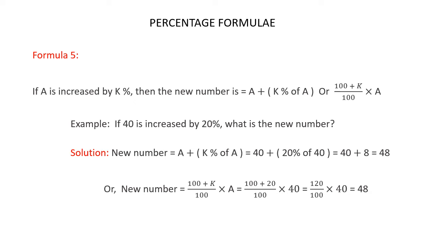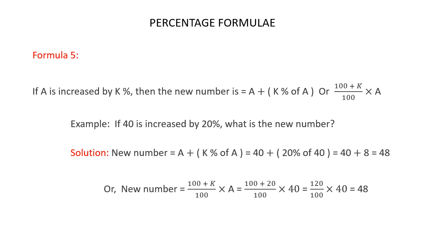So let's find the new number using this formula. New number is equal to A plus k% of A. Here A is 40 and k% is 20%. So 40 plus 20% of 40 is 40 plus 8, which is 48. 20% of 40 is 8.